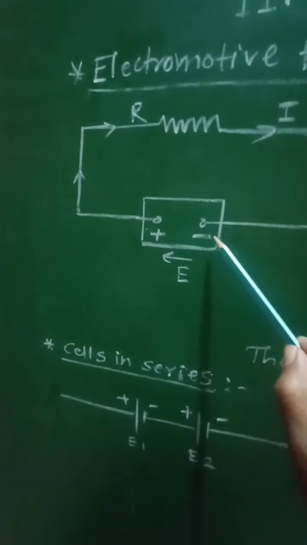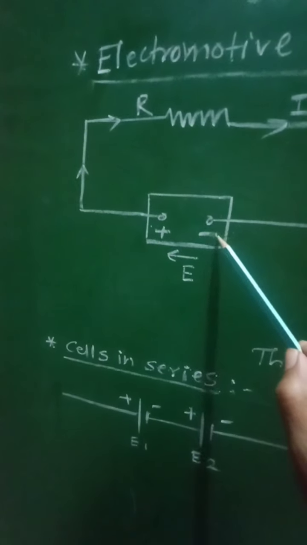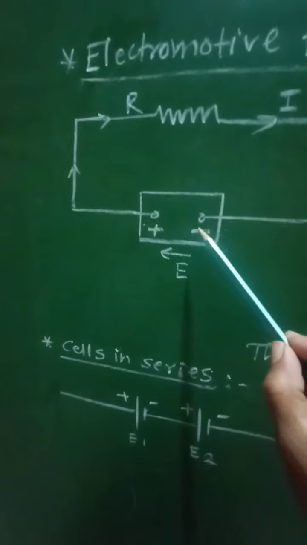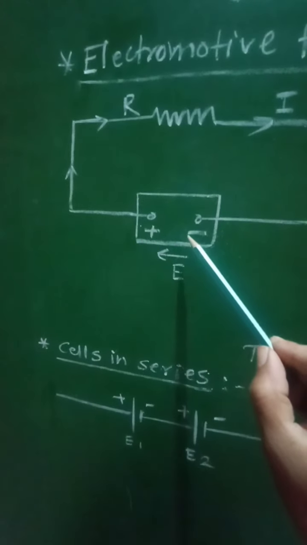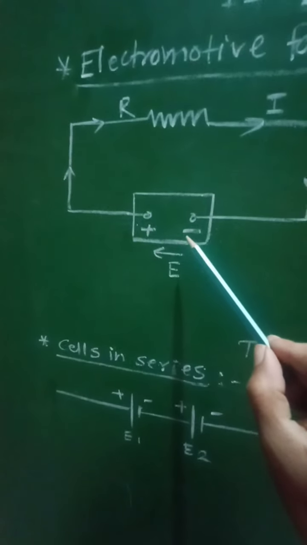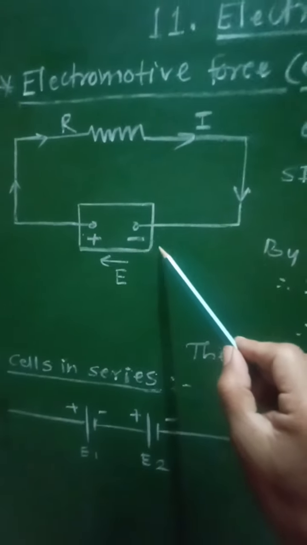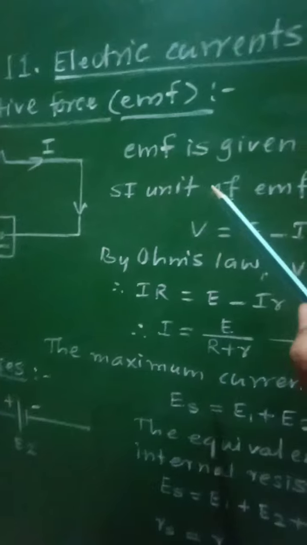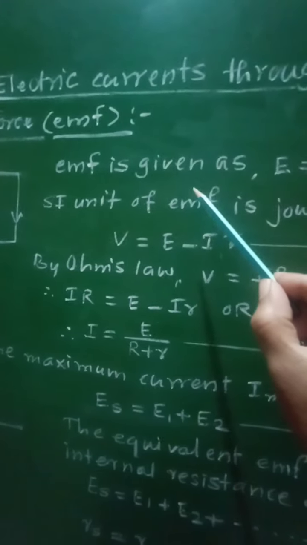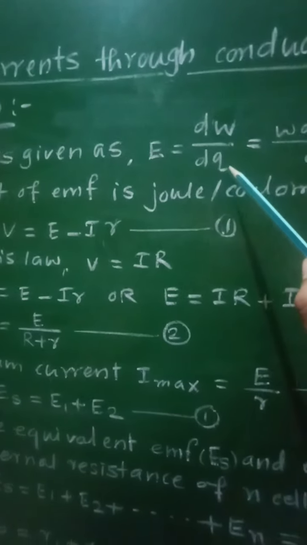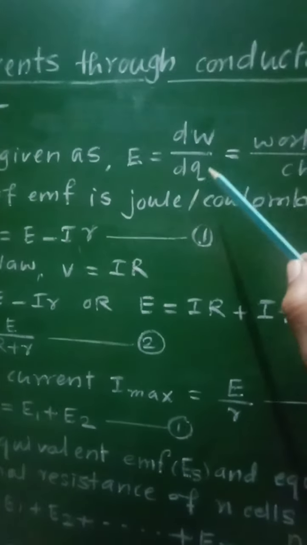Hence, the device must do some work. Some work is done by the device on that charge dq, and hence the EMF will be given in the form of work done by that EMF device, which is written as EMF E equal to dW by dq.